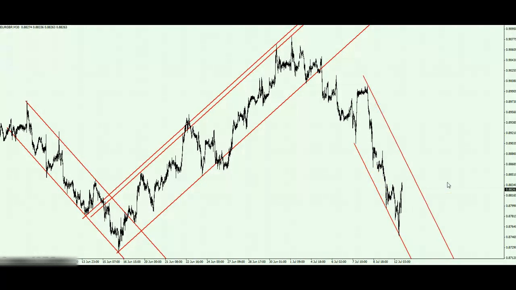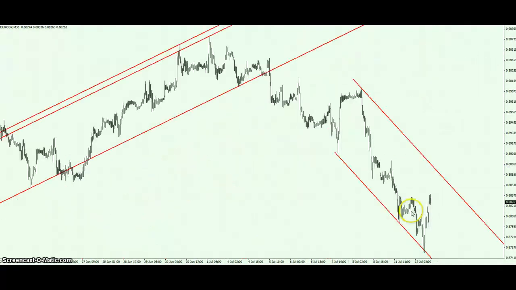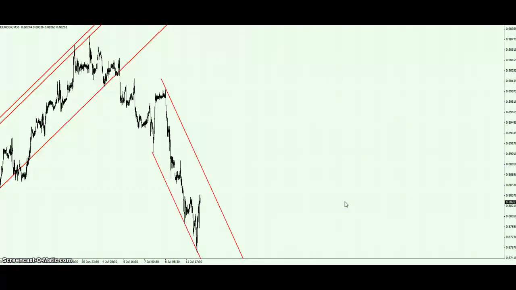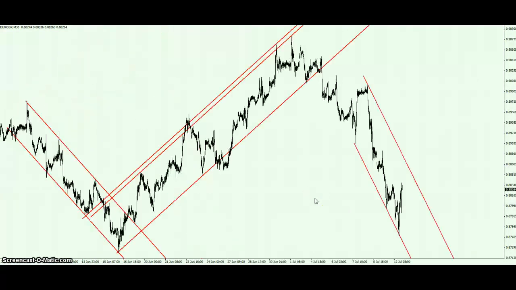Sometimes I'm trying to identify channels before they've completed forming, and the reason for that is that within a channel, price tends to move in a structured manner from the upper part of the channel to the lower part of the channel, and then that provides a number of trading opportunities which we can take advantage of.